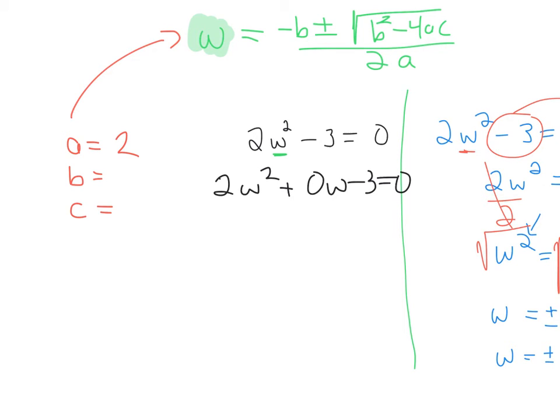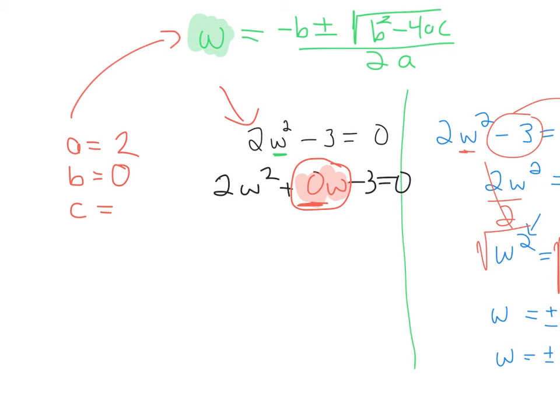Now, we know that we would never normally include the 0w because it really doesn't change this formula too much. But it does give us some insight into what the value of b would be. So the value of b is in fact 0. So even though we're not writing in that linear term, we can assume its coefficient is 0, which is why it doesn't appear in the overall equation that we started with.